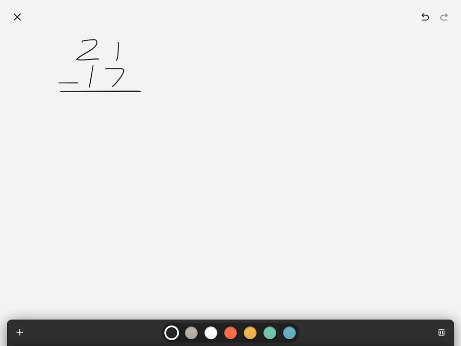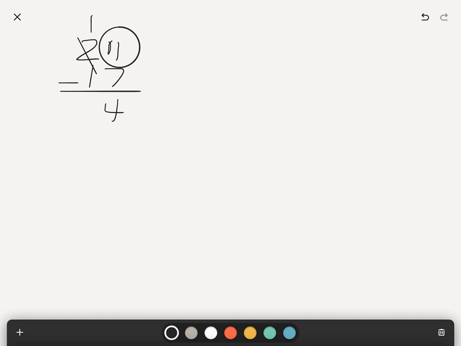Better? Sorry. Okay, so now I'm looking at this and going, well, I can't subtract 7 from 1, so I am going to take 10 from my tens column and put it over here so that now I can work with this. I bet the first time you saw regrouping for subtraction in first grade, that seemed really weird, right?